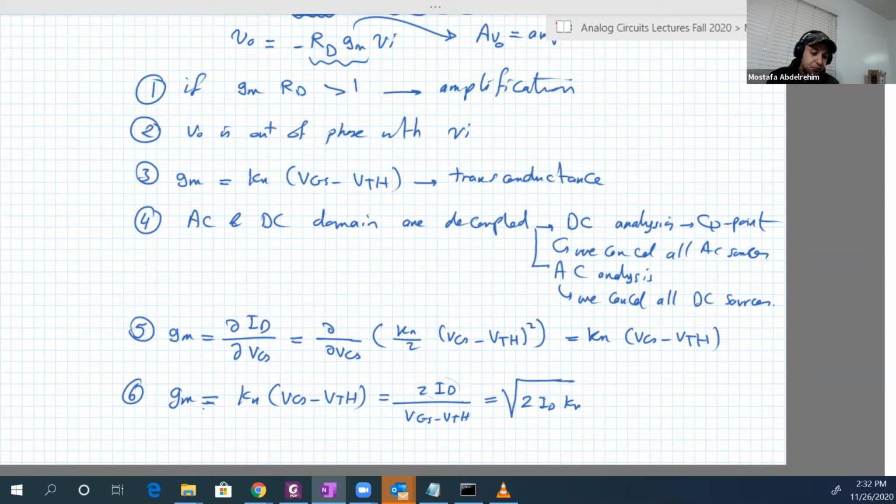This is number 2. We also get the transconductance parameter, and it has many forms as we see here, all of which lead to the same result. Next time I'm going to use these observations and notes to start analyzing NMOS or PMOS amplifier circuits. Thank you very much, and have a great day. Bye bye.